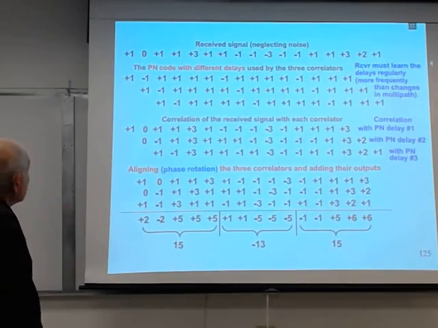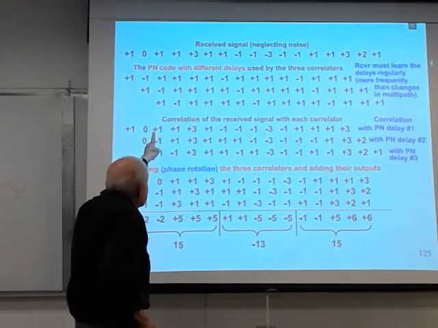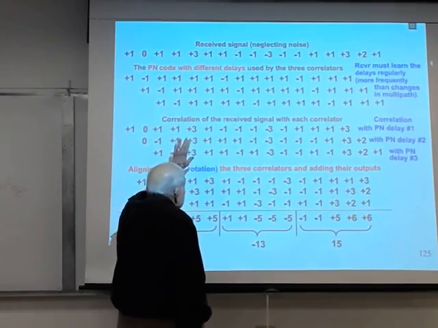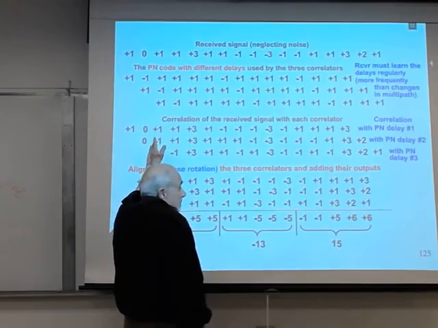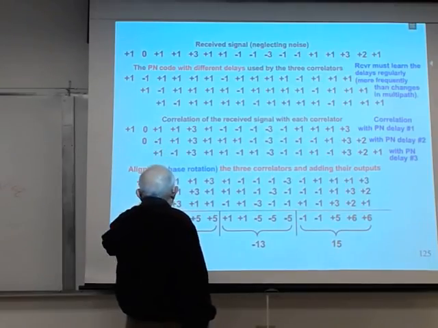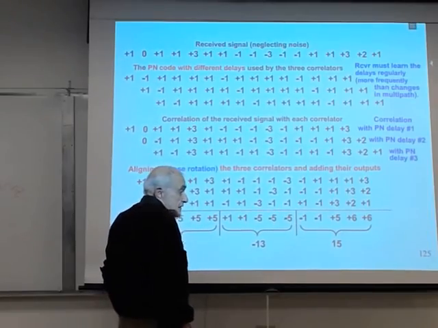So here you see the PN code with different delays used by the 3 correlators, and the correlation of the received signal with each correlator. So now I do the correlation with the code, and then after I do that, I align, and this is the phase rotation.